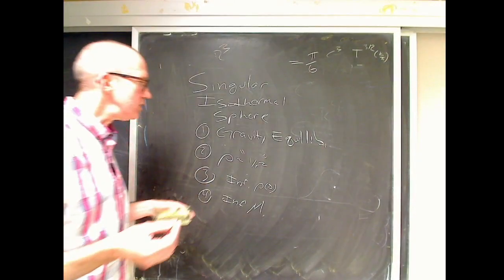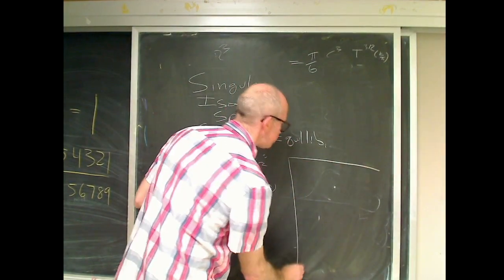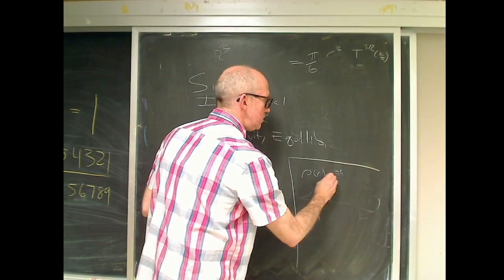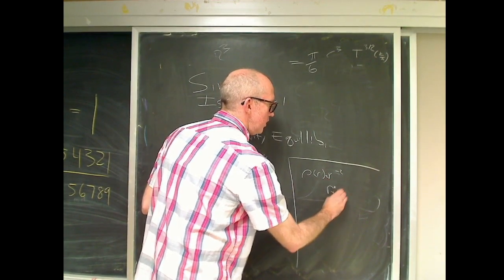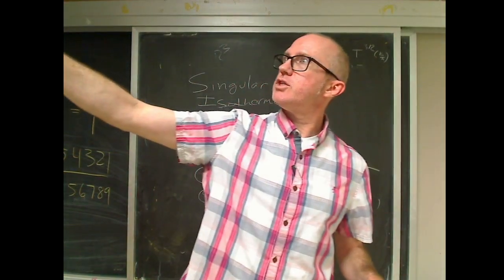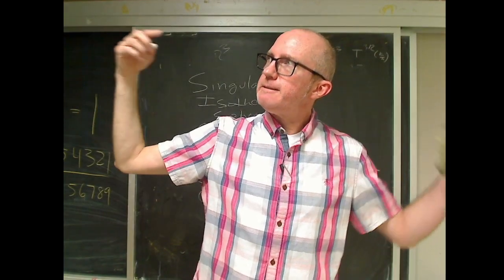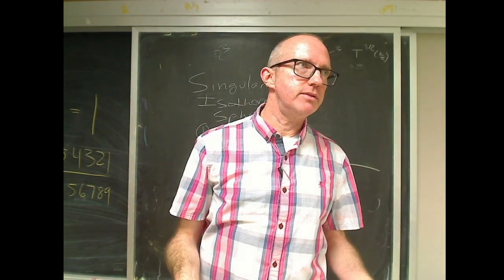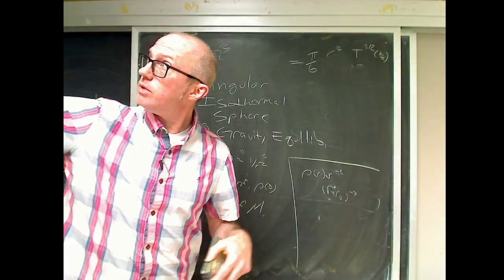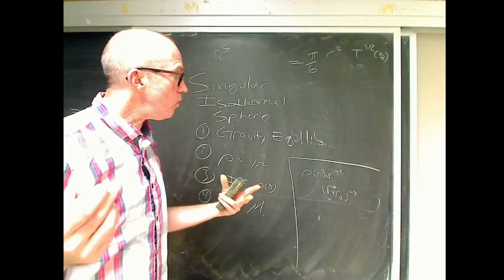So there are other solutions, like the King sphere, the Plummer sphere, which go like, instead of r to the minus 2, they go like (r plus r naught) to the minus 2, or this Jaffe solution, which is r to the minus 2 times (r plus r naught) to the minus 2, which gives you a similar kind of behavior. And it's also a solution to this equilibrium business.